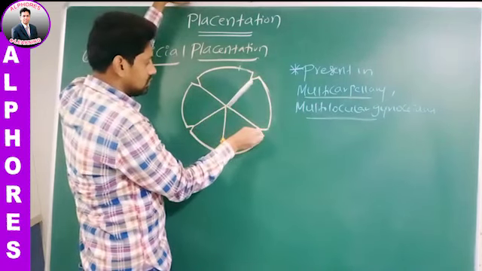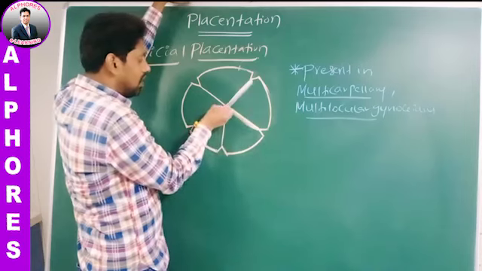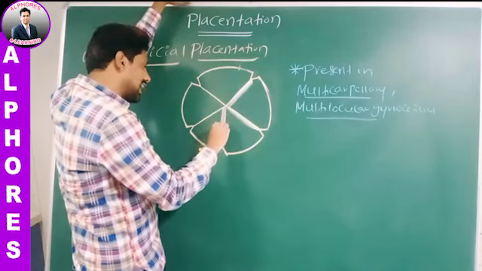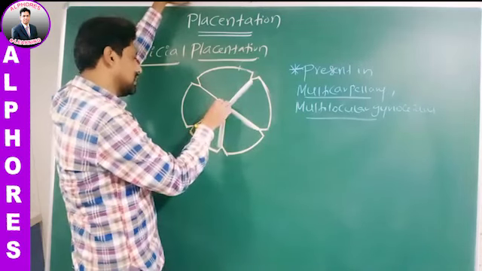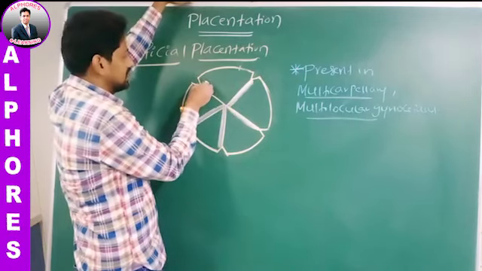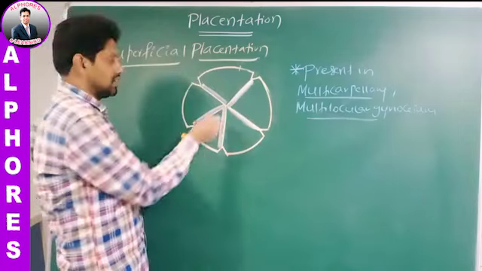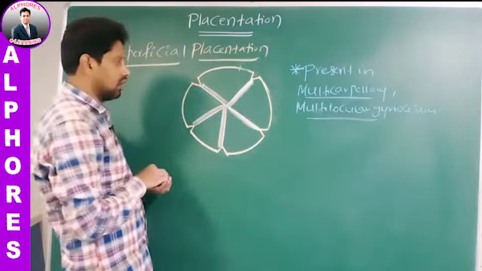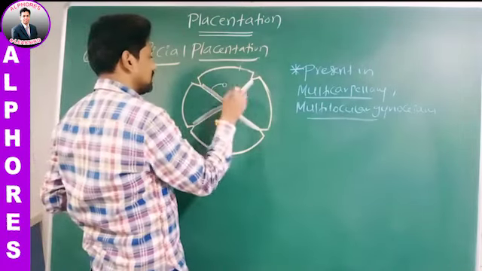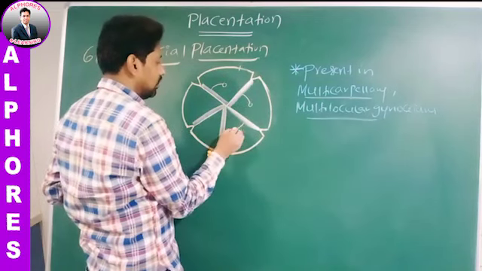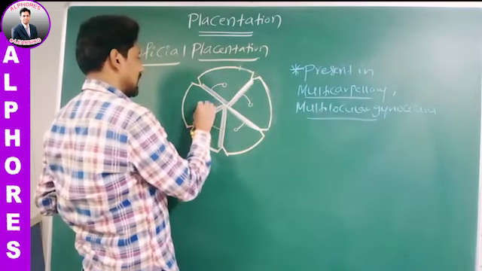I am drawing the placenta. Where is it present? On the inner walls of the septa. Wherever placenta is present, there you are going to see ovules. These are ovules.